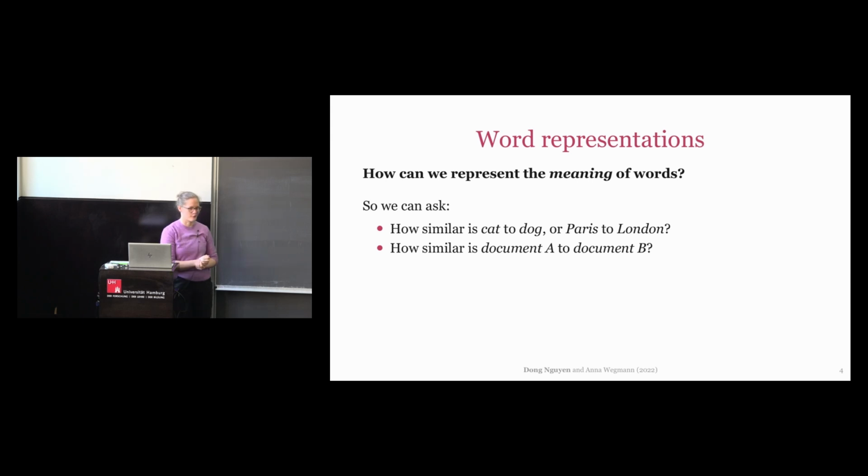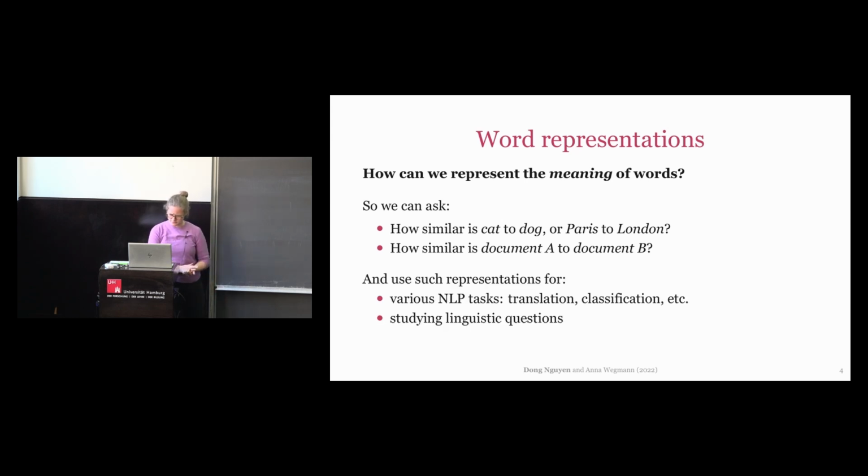So, for example, Paris to London, how similar are those two words? Maybe it's different than cat to London, and how similar are two documents that we look at, right? And that can be relevant for several natural language processing tasks, like the ones I just mentioned to you.